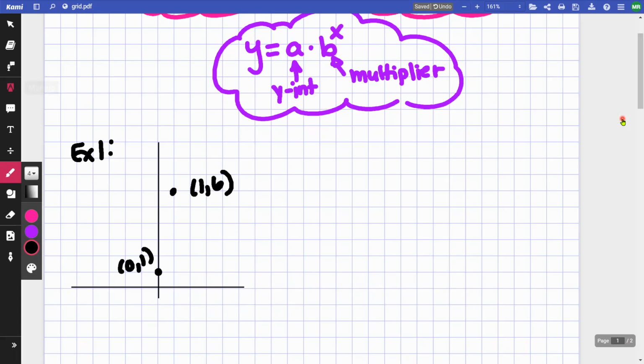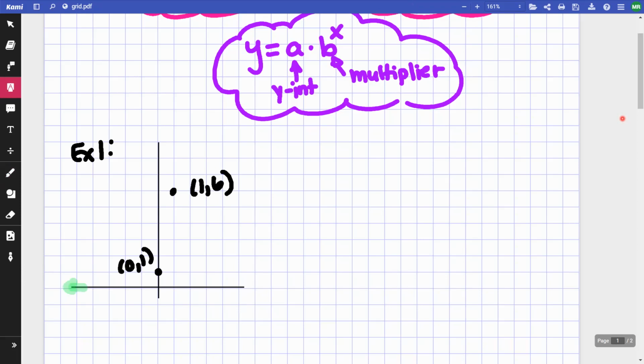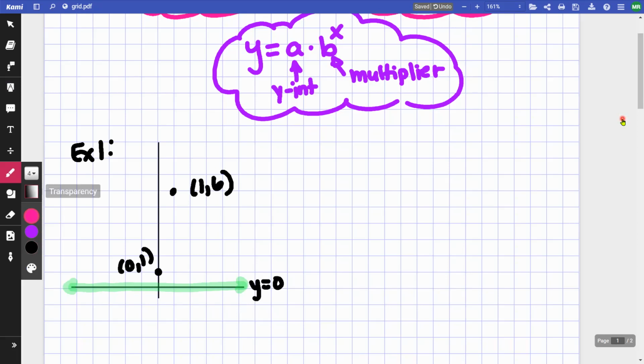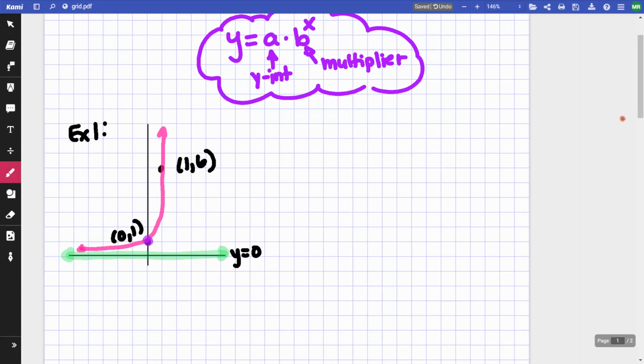And remember that we always have an asymptote here for these, always, always, and that equation is going to be y equals 0. And then let me draw my graph in. Okay, there's our graph. So if we're trying to find the equation of this, the very first thing you want to pay attention to is that y-intercept. So you know it's going to be y equals 1 times b to the power x.